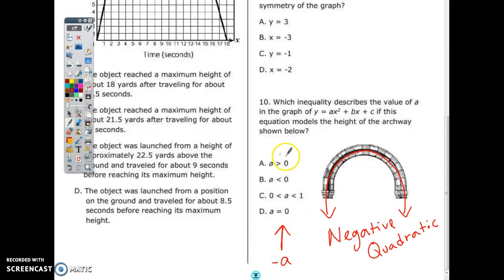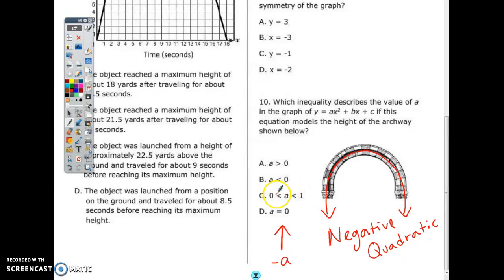So which one of these answers tells you that the a is negative? A says a is greater than 0. What type of numbers are greater than 0? B says a is less than 0. What type of numbers are those? What are the numbers that are less than 0? C says that a is between 0 and 1.